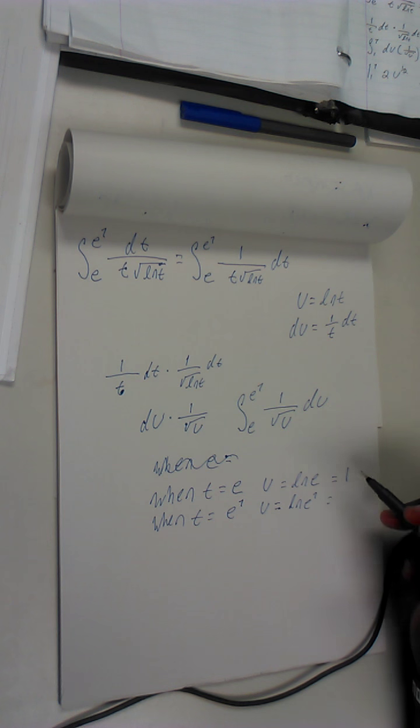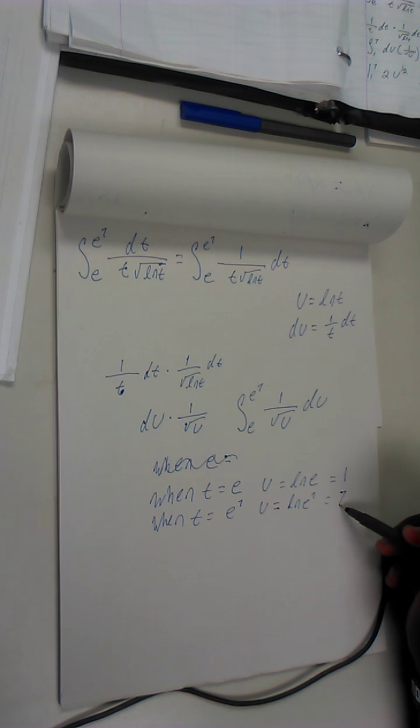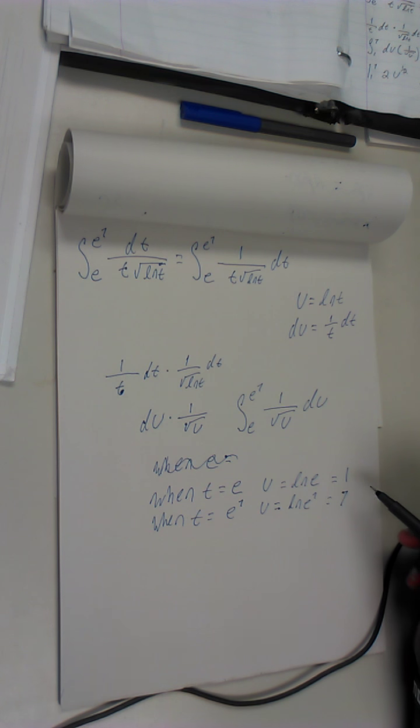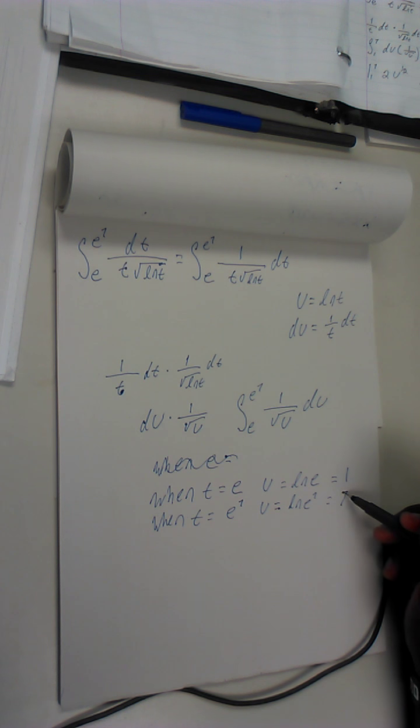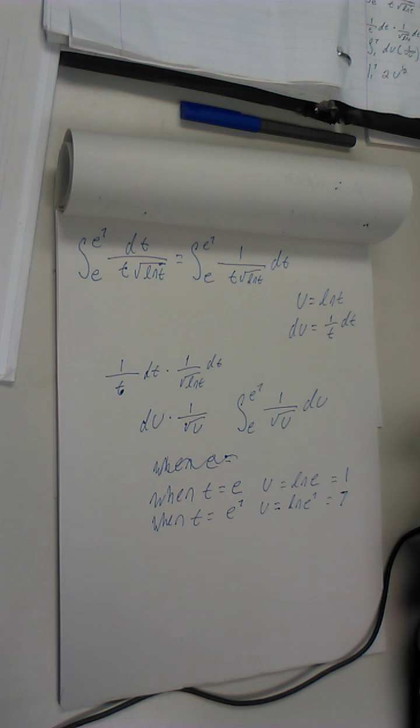In this case, it is going to be equal to what? 7. Right? Because when you take the natural log of e raised to something, that's what it's going to equal. There is a proof to that, but it's extremely long. We're not going to get into it in this video.